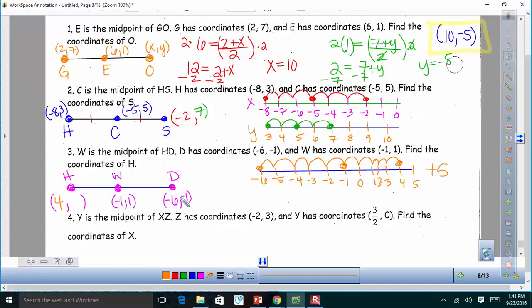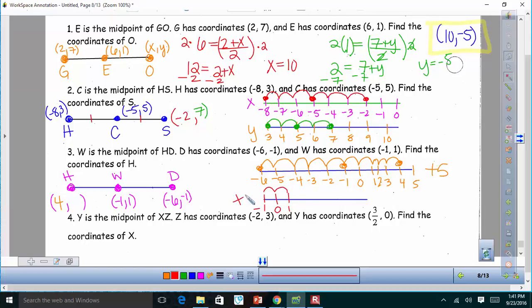So let's look at y and try to do it that way. So y, we went from negative 1 to 1. So if I start with negative 1, 1 is bigger than negative 1, right? So we're going up. Okay? So if I went from negative 1 to 1, how many did I go? 2.